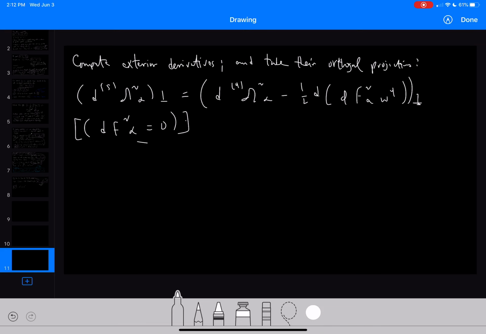So if you carry forward this differential calculus operation, you get the following expression, right? So let's write it out.